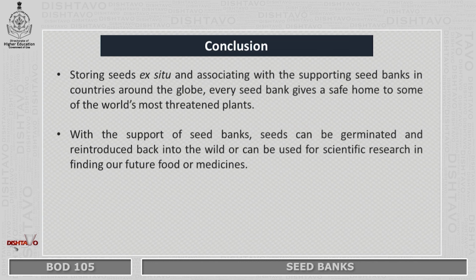Every seed bank gives a safe home to some of the world's most threatened plants. With the help and support of seed banks, seeds can be germinated and reintroduced back into the wild and can be used for scientific research in finding our future food and medicines. All thanks to seed banks.